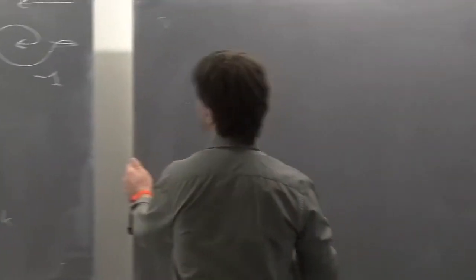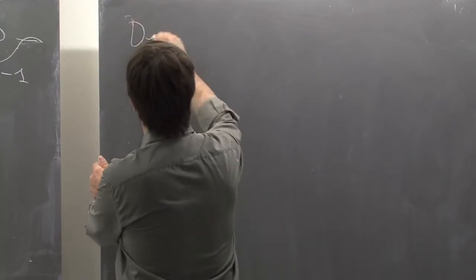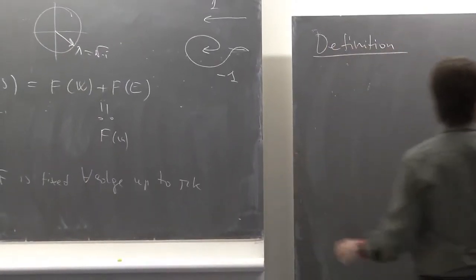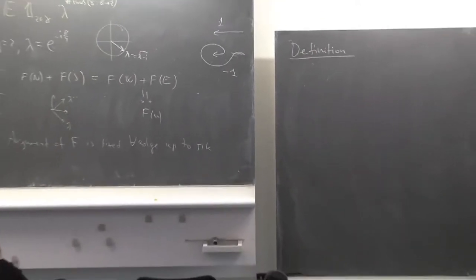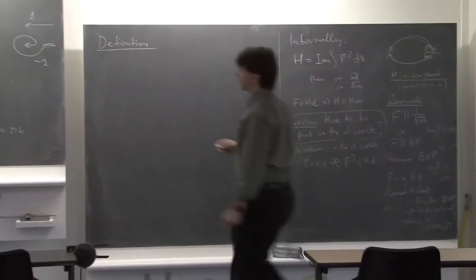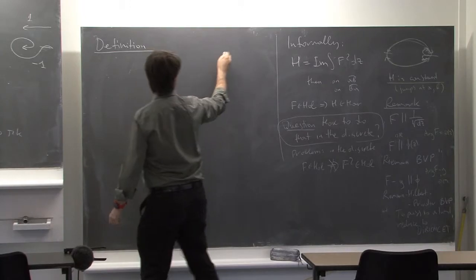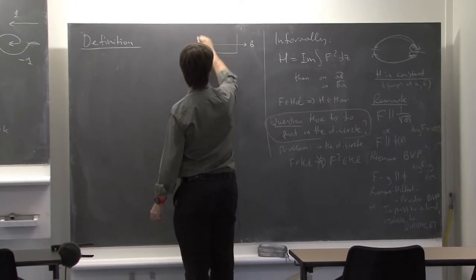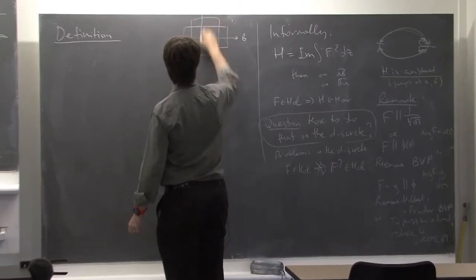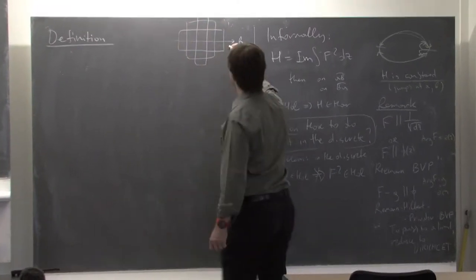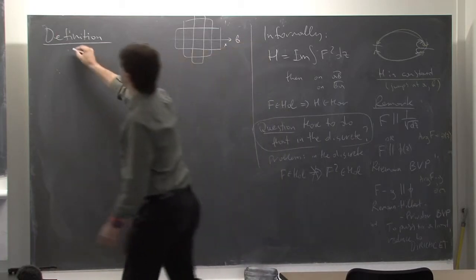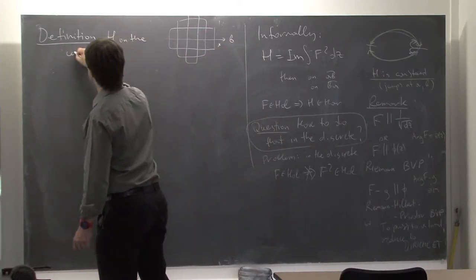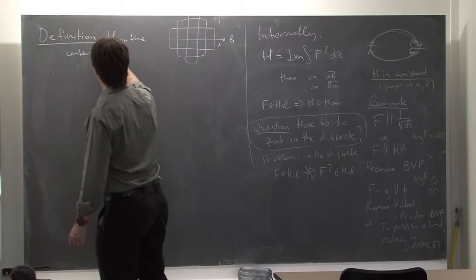So let's say a definition. So let's, in our domain, let this be point B. So let's define h on the centers of squares.